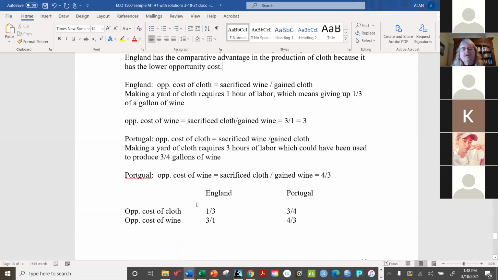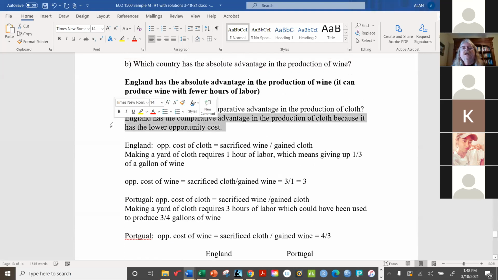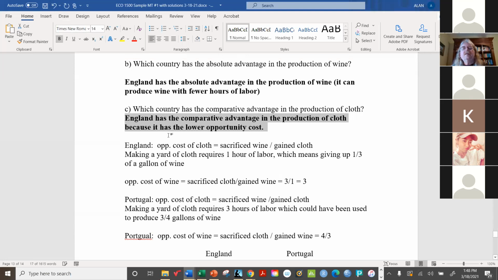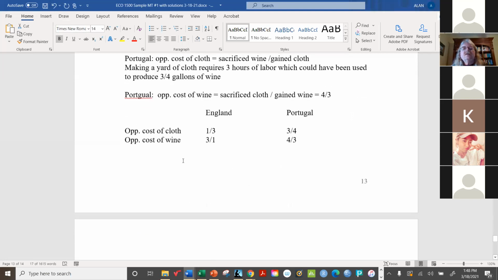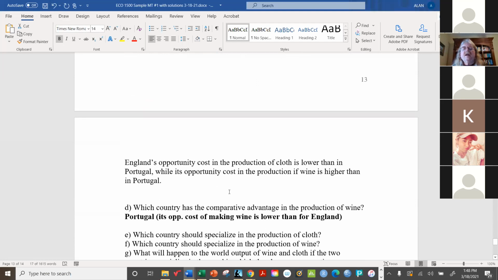All right, 1/3 versus 3/4. So England has the comparative advantage in the cloth, which in this case means that Portugal has a comparative advantage in the wine.